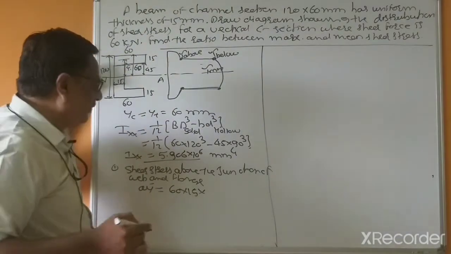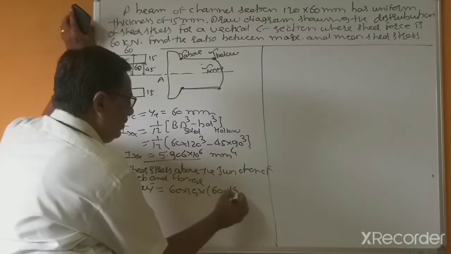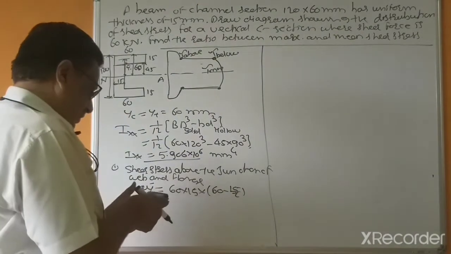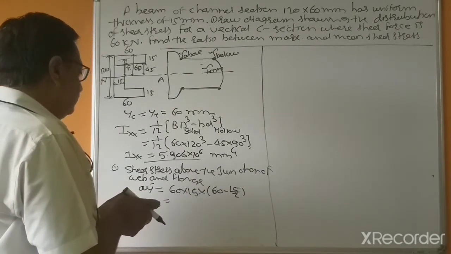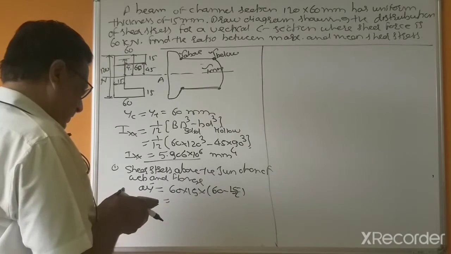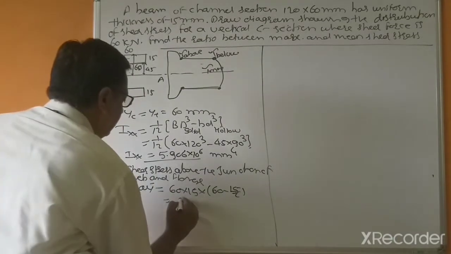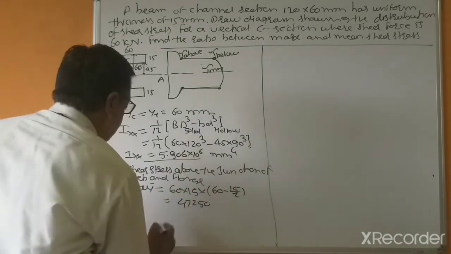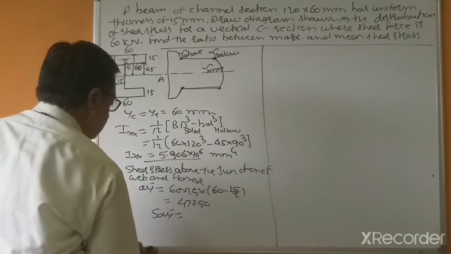So this is 60 minus 15 divided by 2. That's why this is 52.5 multiplied by 15 multiplied by 60. 47250.